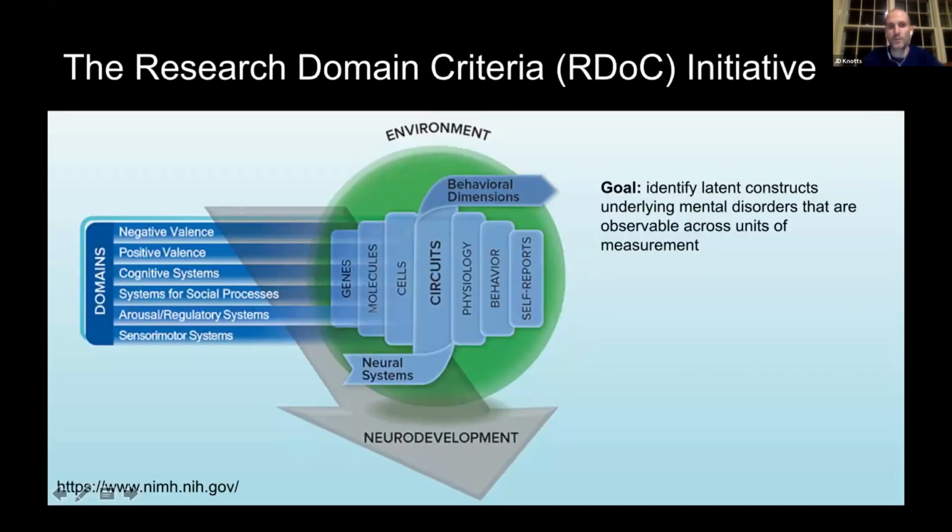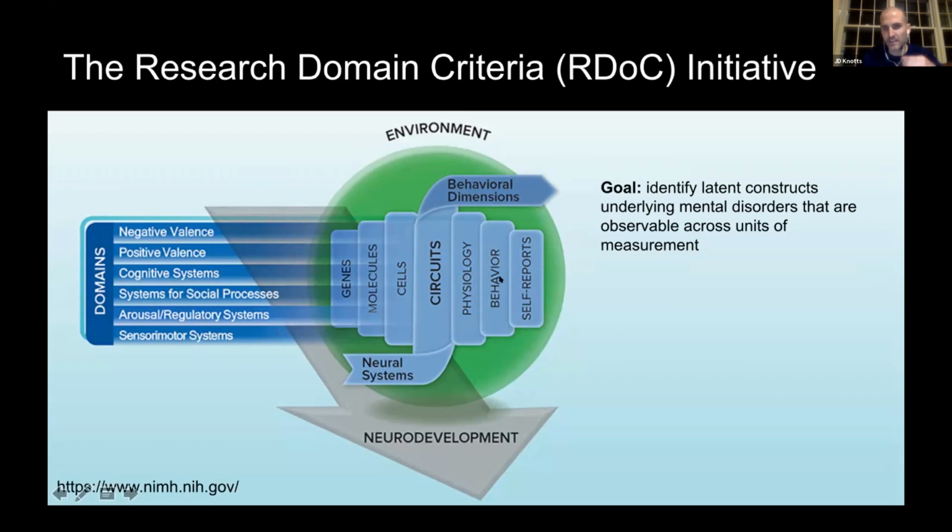So for a quick overview of what the Research Domain Criteria, or RDOC Initiative, is, this is an NIMH initiative to develop a research framework that explores these core domains or dimensions of mental disorders, and specifically tries to look at them across different units of measurement or levels of analysis.